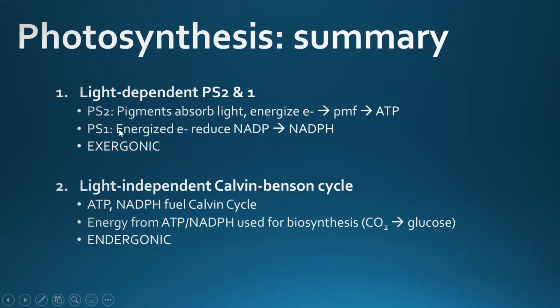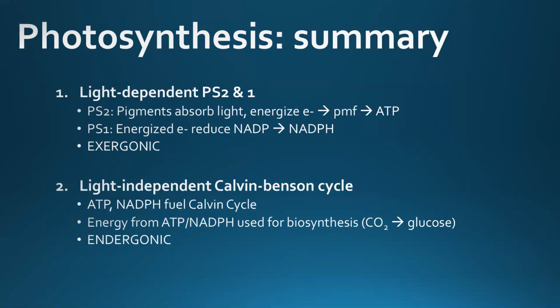With photosystem 1, the energized electrons are going to reduce the NADP plus to form NADPH. If we were to describe the light-dependent reaction, we would describe it as being an exergonic reaction, okay? You're giving off energy.